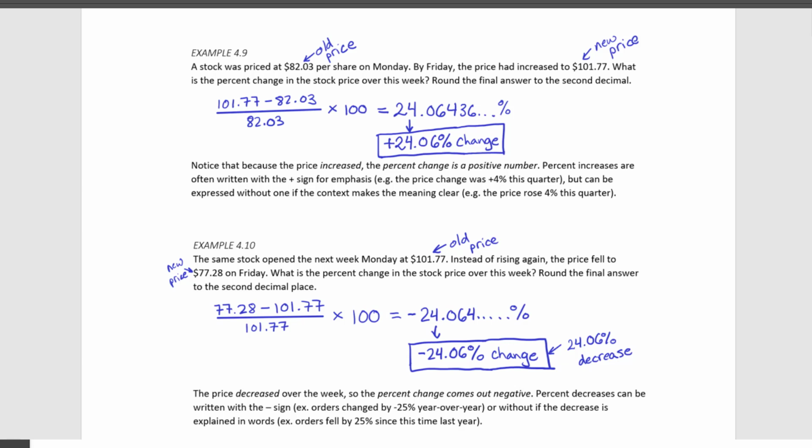Whereas in week 1, you started out with $82.03 and 24.06% of that gets added on to make it become $101.77. So the original price means that these percentages, even though they came out the same, do not represent the actual same amount of money, and you should always take that into account when you are using percentages to understand what is going on with some quantity.